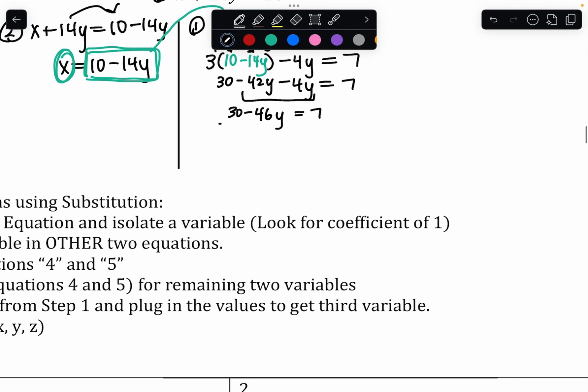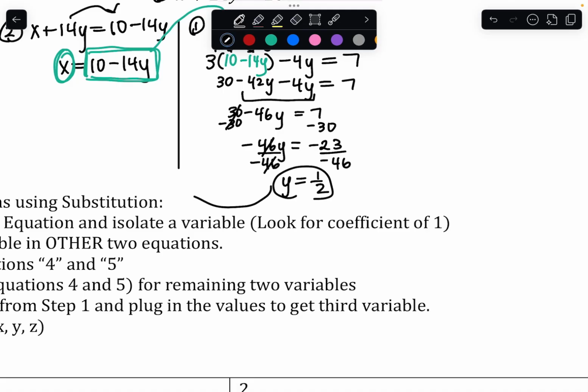And then to isolate y, we first need to subtract 30 from both sides. And then we would divide by the negative 46. Negative 23 over negative 46 is positive 1/2.